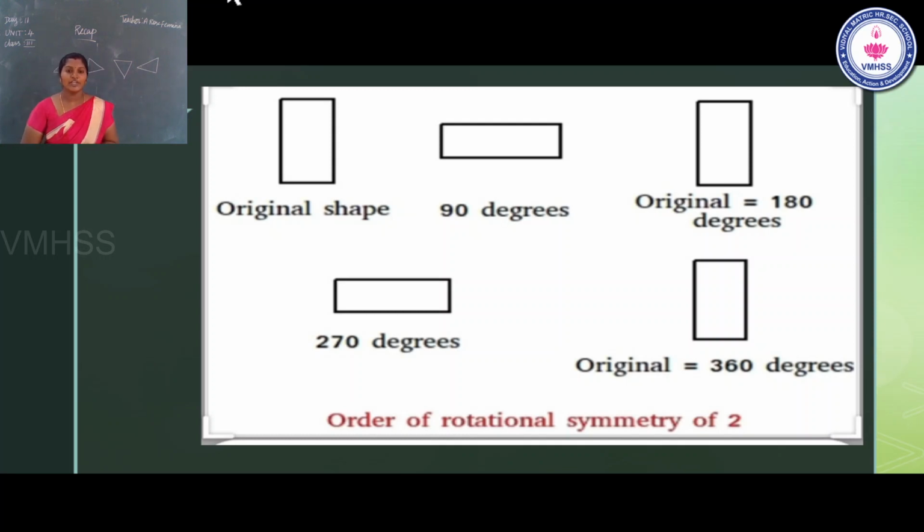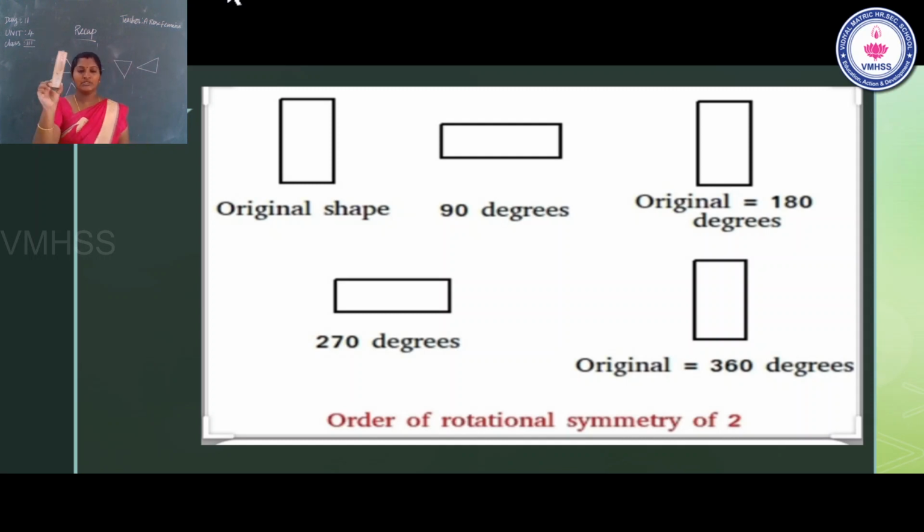This is the rectangle shape, and you have seen this example. This is the original shape, then 90 degrees, 180 degrees, 270 degrees, and the original shape at 360 degrees.